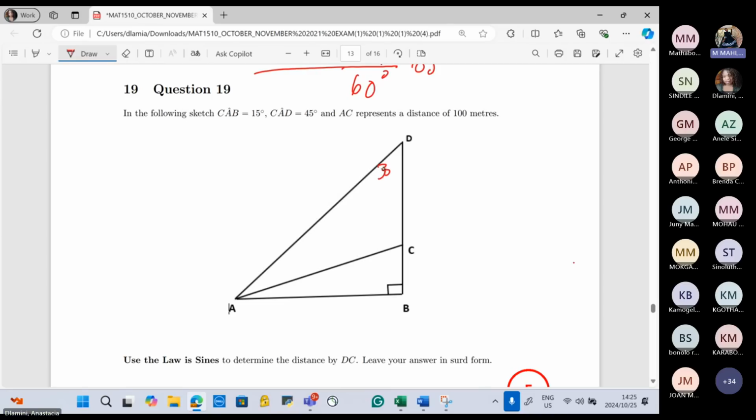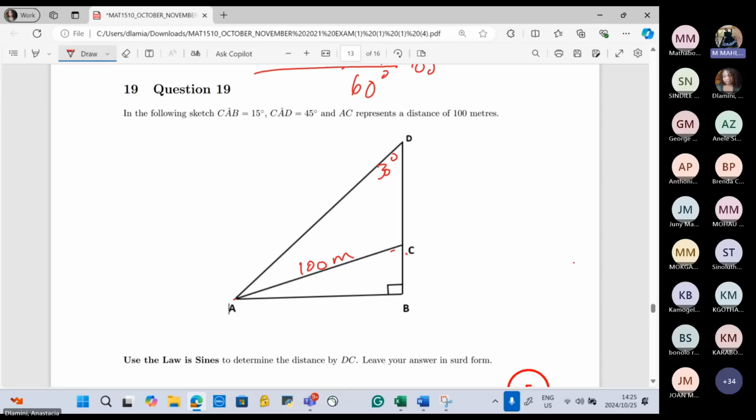And then I'm given that the distance from A to C is 100 meters. A to C, the distance. Yes, well done.